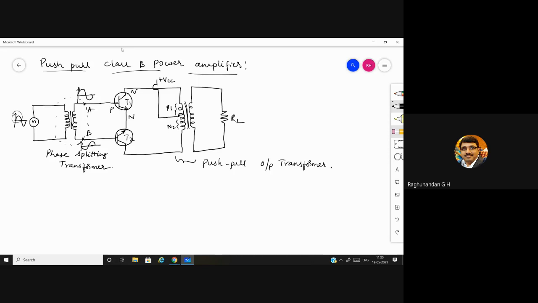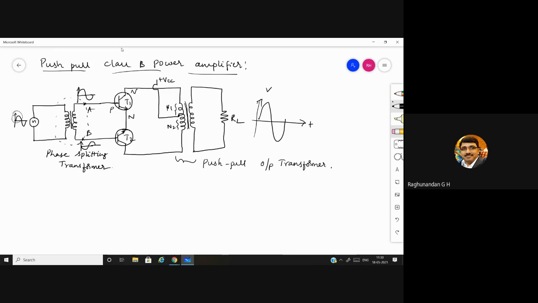That's why the name push-pull power amplifier. Here we have given this input, and at the output we are getting like this. Now, working. During the first positive half cycle, transistor T1 is going to turn on and transistor T2 is going to turn off.